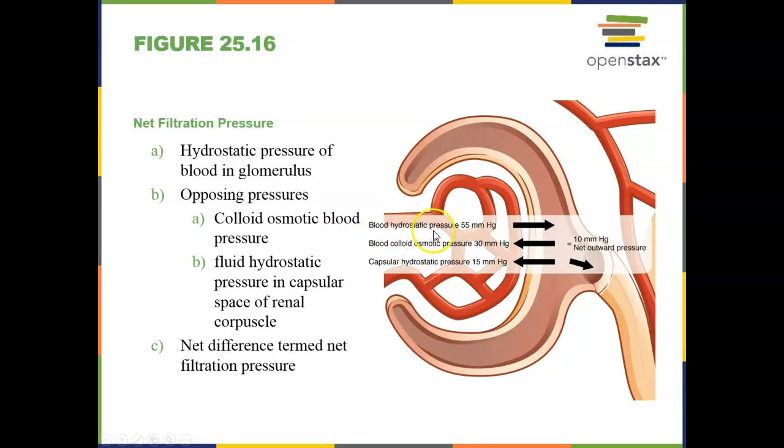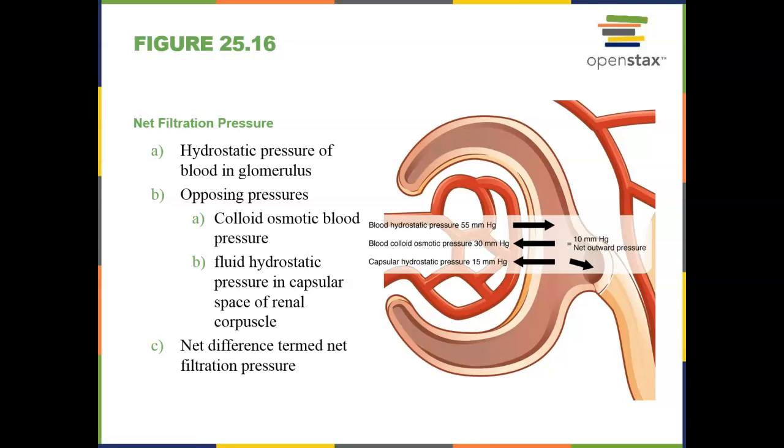Our blood hydrostatic pressure is the pressure pushing fluids out. The capsular hydrostatic pressure is the pressure pushing fluids back in. So this is just that hydrostatic pressure of the fluids on the walls trying to say, get out, get out, get out, right? And then we have the colloid pressure.